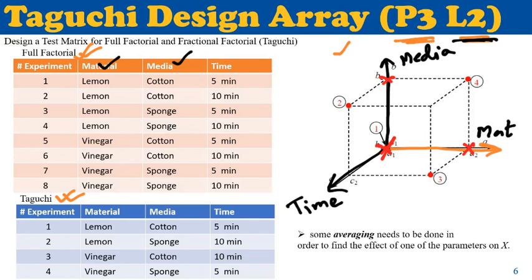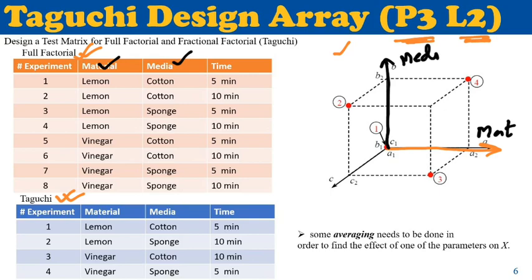Again, for the last one, time, you have a 5-minute test or a 10-minute test. So these axes are the parameters, and I have 2 levels, marked by these points. If we connect all those points, I can have a cube, which is the full factorial test. It says that you may need to run at least 8 tests because you have 8 points here.